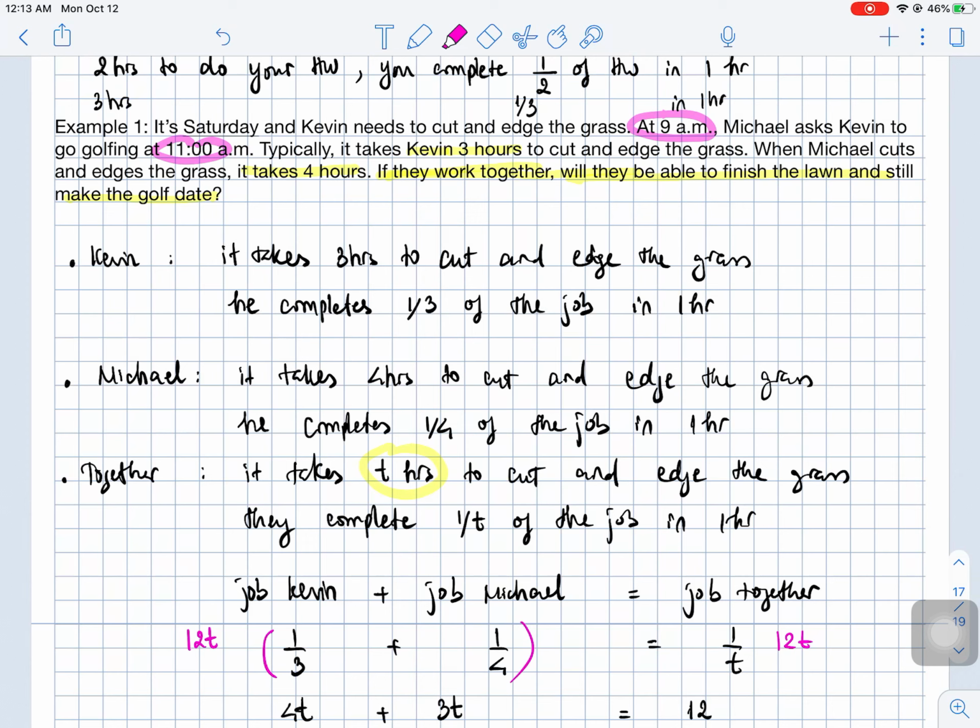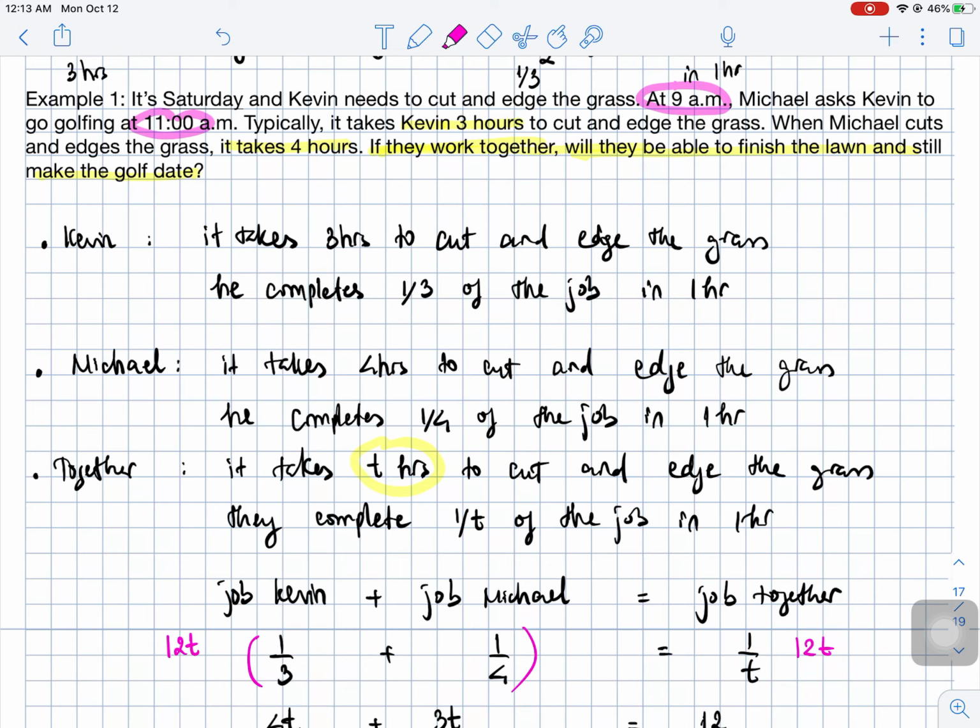So that means 2 hours later. If they work together, they will finish before 11. Then they can go golfing together, right? So we answer the question: they will be able to finish the lawn and still make the golf date.